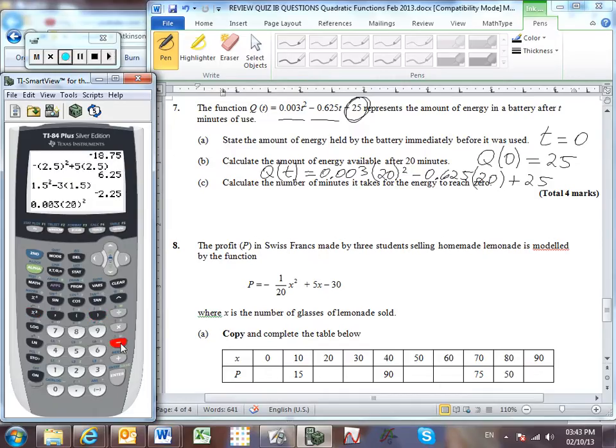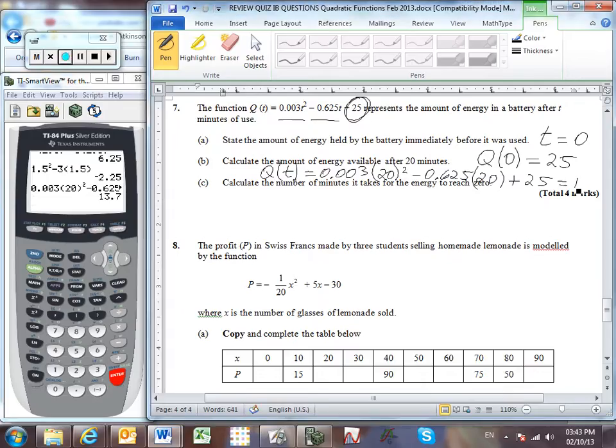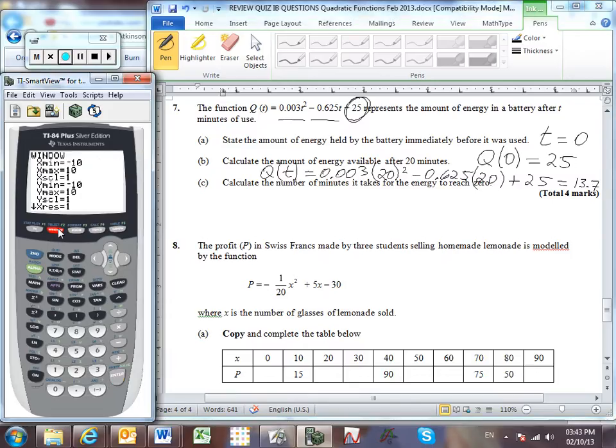0.003 times 20 squared minus 0.625 times 20 plus 25. And we get our y value of 13.7. But the reason I was trying to do it this other way, and I will finish it off, is if I go into my window and adjust my x max to something like 30, and my y max to something like 50, let's see if I can see it now on my graph.